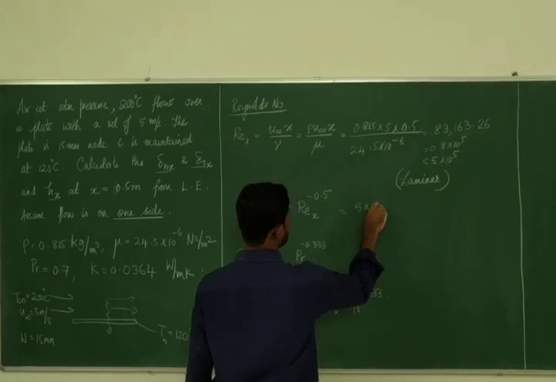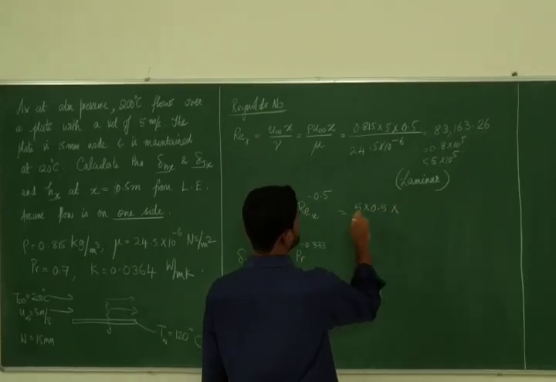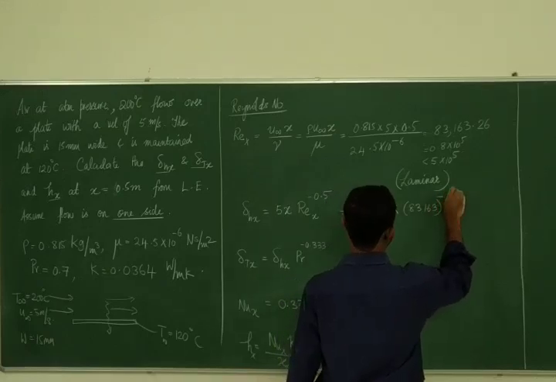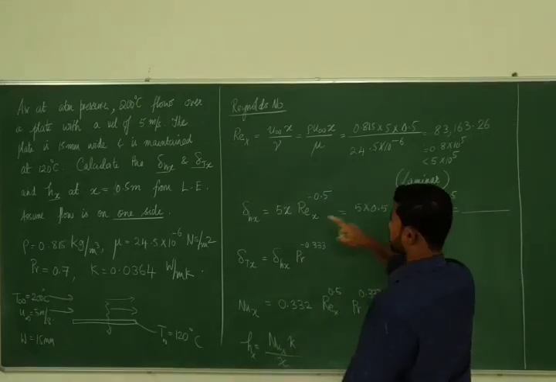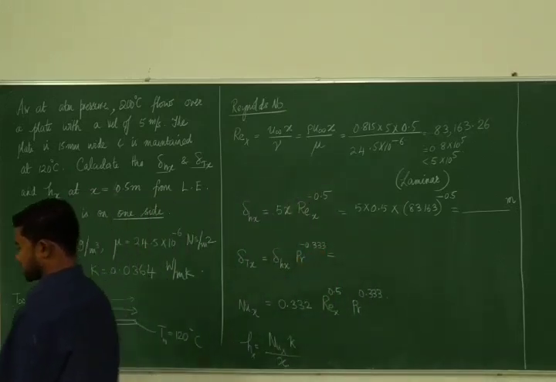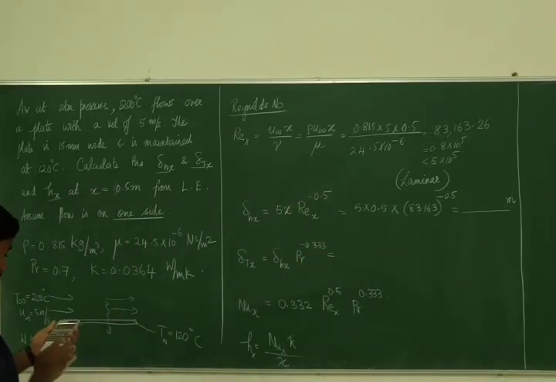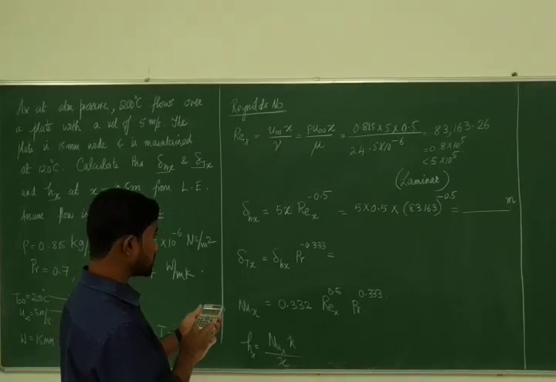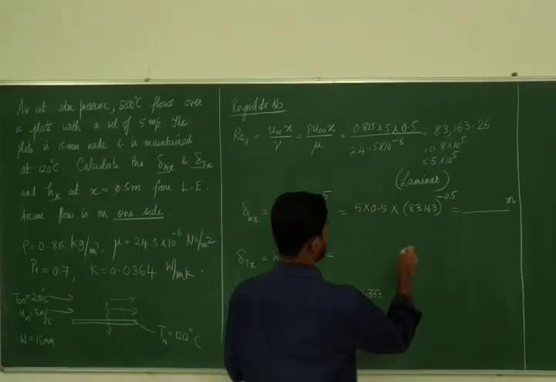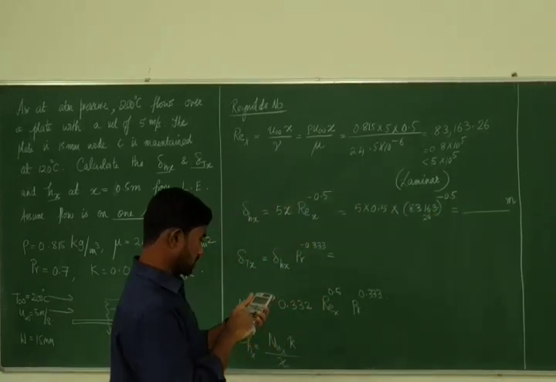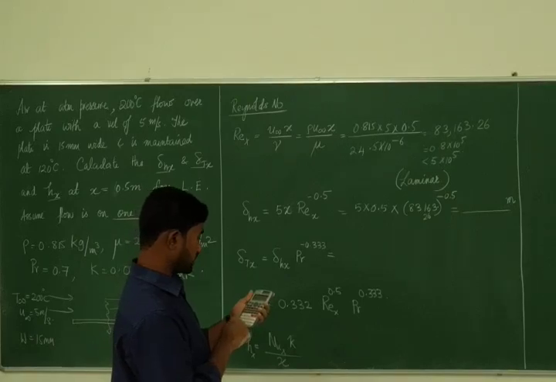Now all you have to do is just substitute values. 5 into 0.5 into 83,163.26 to the power of minus 0.5. This will give you delta_h x. It's a thickness, so its unit is meters. Let us find that first. 5 into 0.5 into 83,163.26 to the power of minus 0.5.